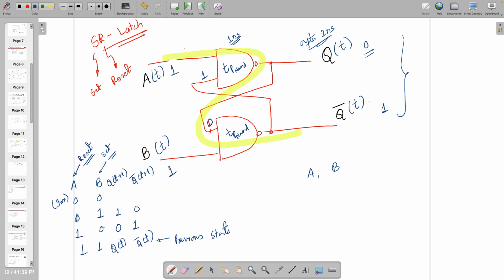So you can now replace these names with set and reset. Note that in the case of NOR, it's flipped: set becomes reset and reset becomes set. That's why I started with A and B.